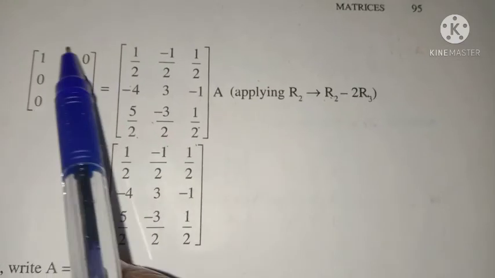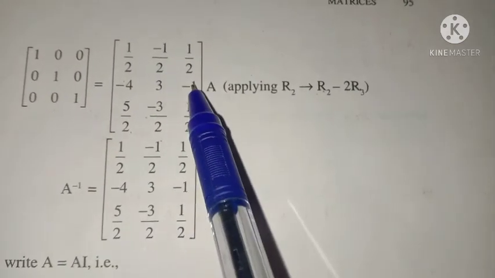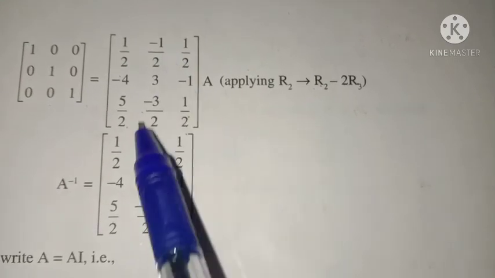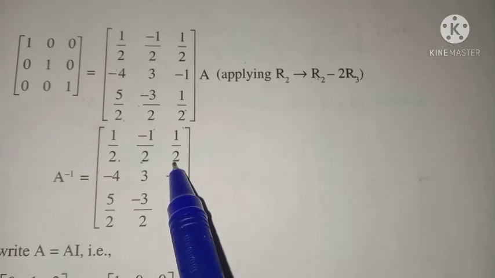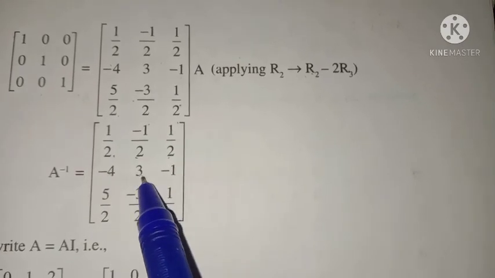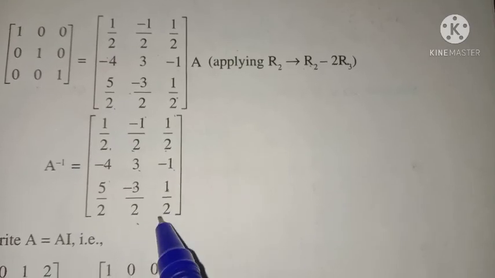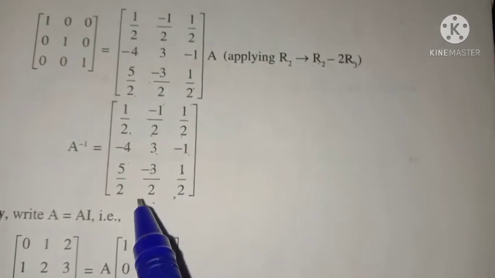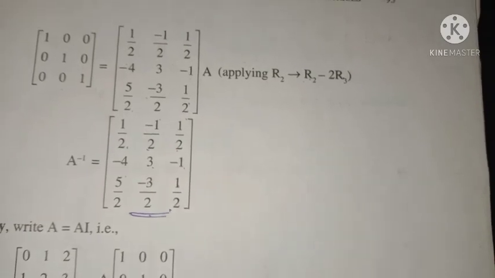So left side is completely an identity matrix and therefore inverse of the given matrix goes to this one. 1 by 2, minus 1 by 2, 1 by 2. Minus 4, 3, minus 1. 5 by 2, minus 3 by 2, 1 by 2. Okay. So this is our required inverse of the given matrix.